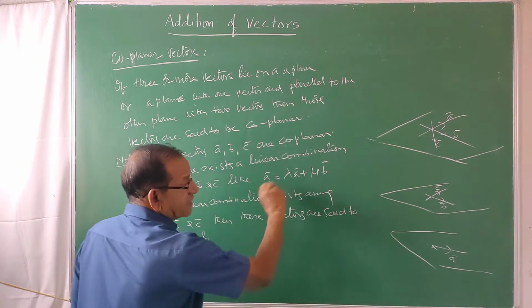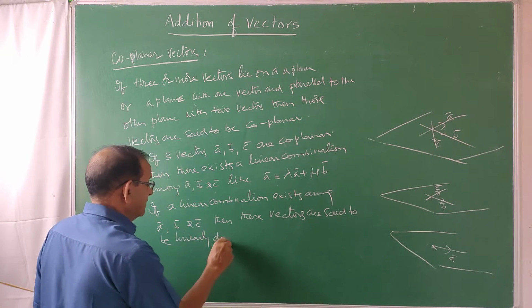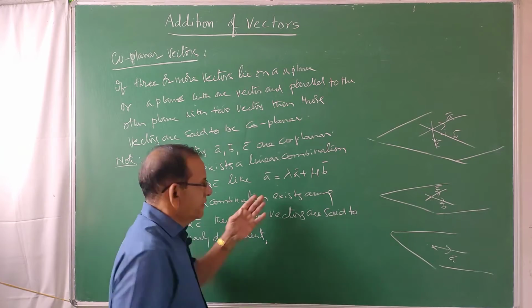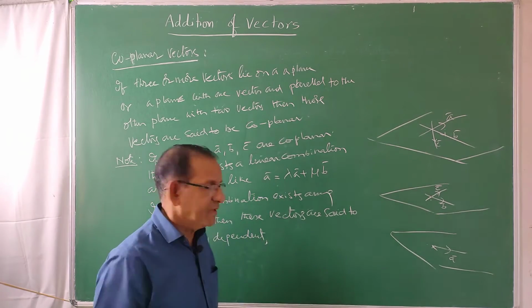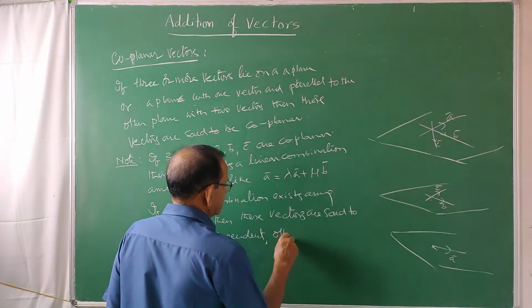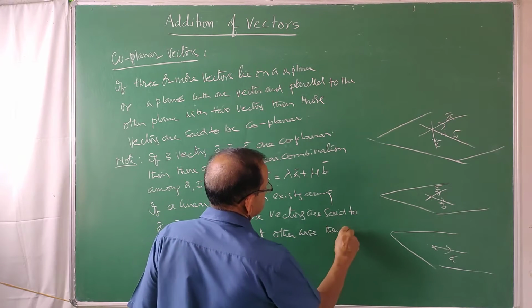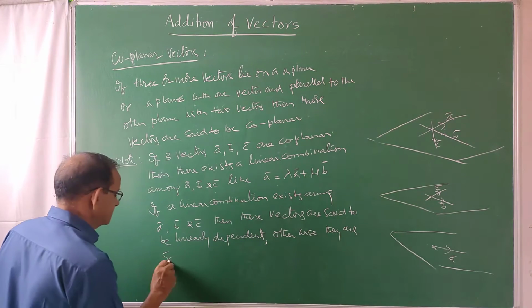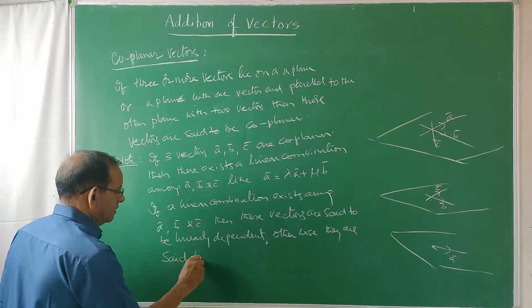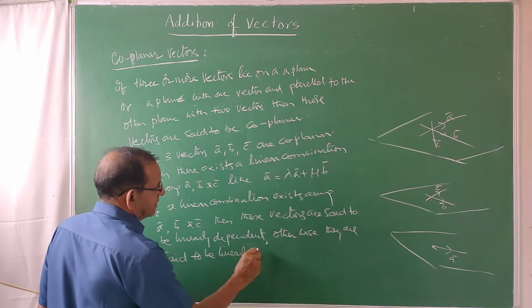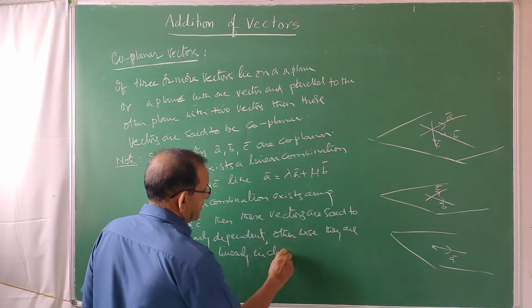They depend upon one another. If it does not exist, then they are said to be linearly independent.